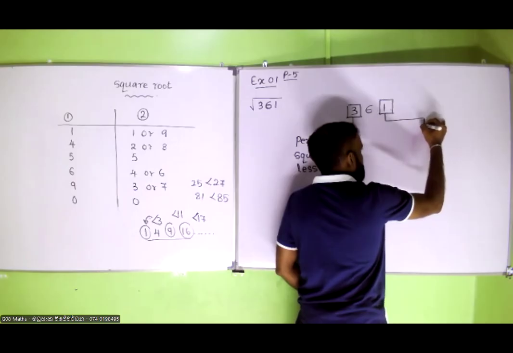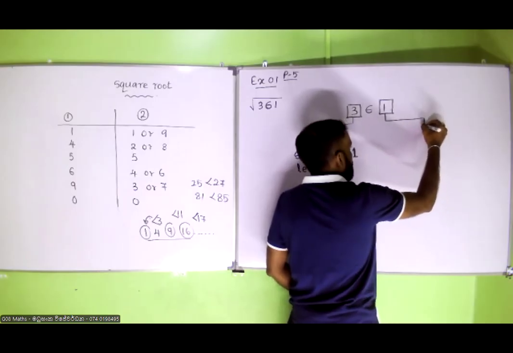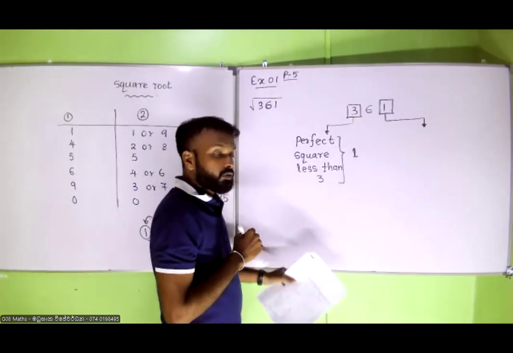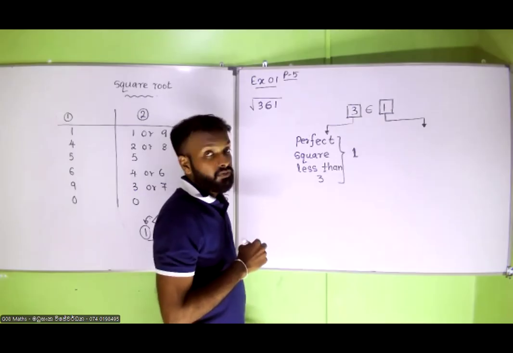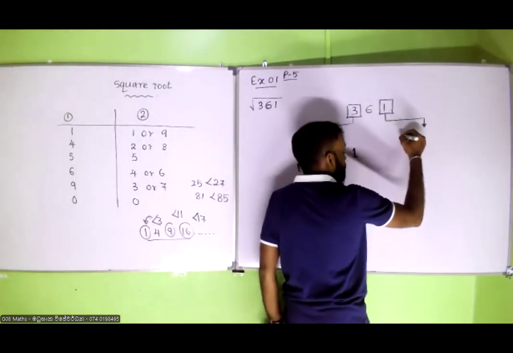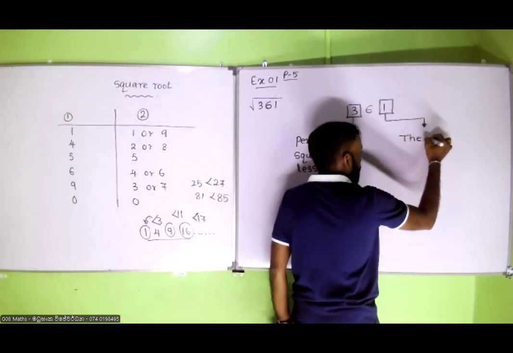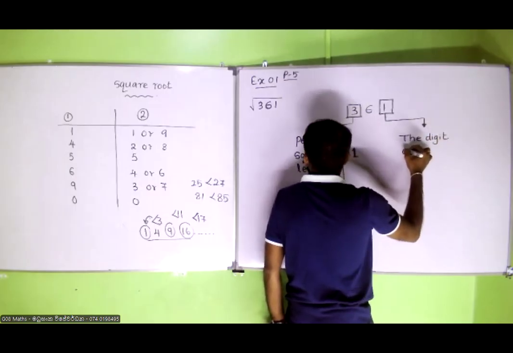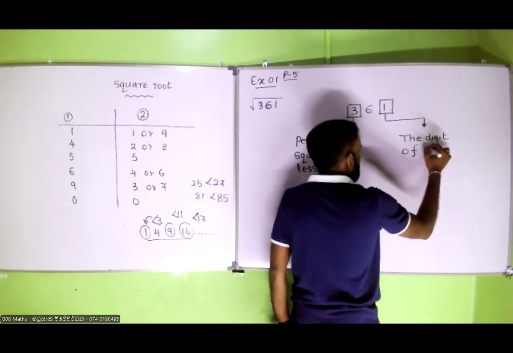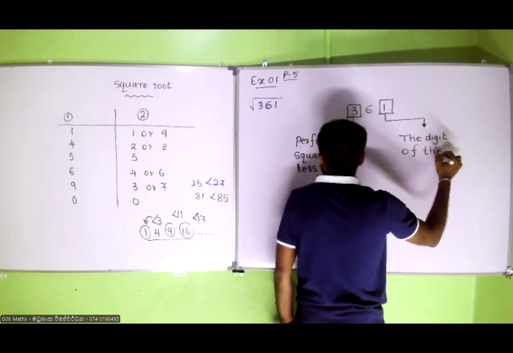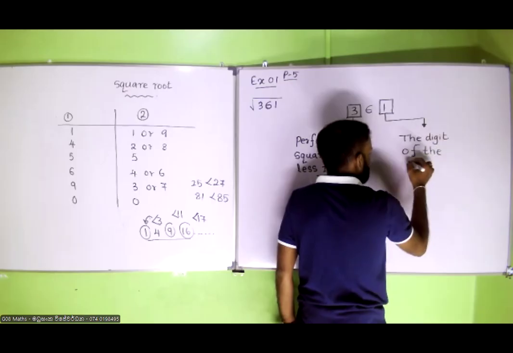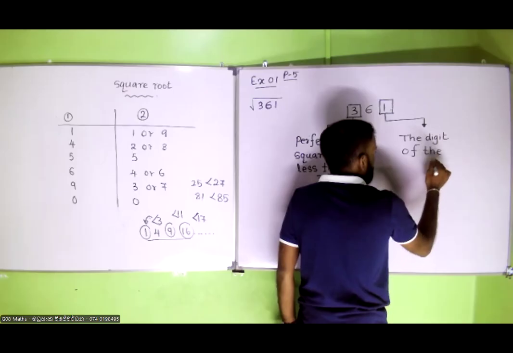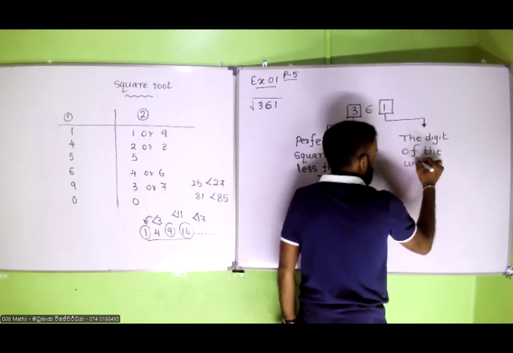If this is the unit place, right? Now I am going to write the digit of the units place of square root 361. Now I will tell you the digit of the units place, right?